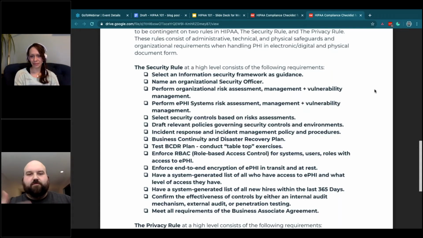If you have a lot of security controls already and you're doing the right kind of practices, it's going to take a lot less time than if someone is completely out in left field and is not doing really anything related to security. They don't have a program, they don't have policies, they don't have a business continuity or disaster recovery plan, they don't have incident response, they don't have these types of things that are core requirements of an information security program. So it depends on a case by case basis.